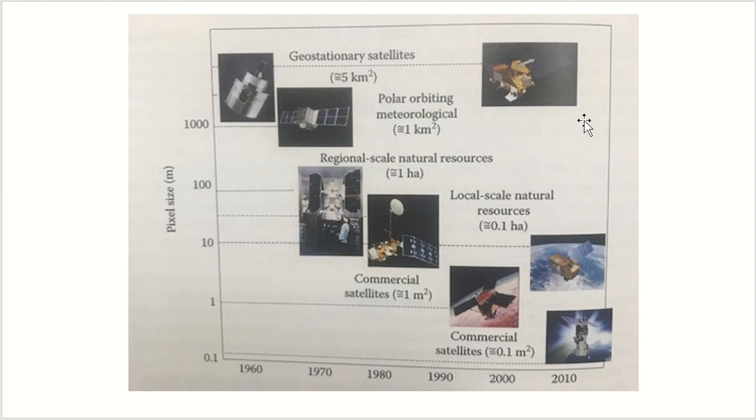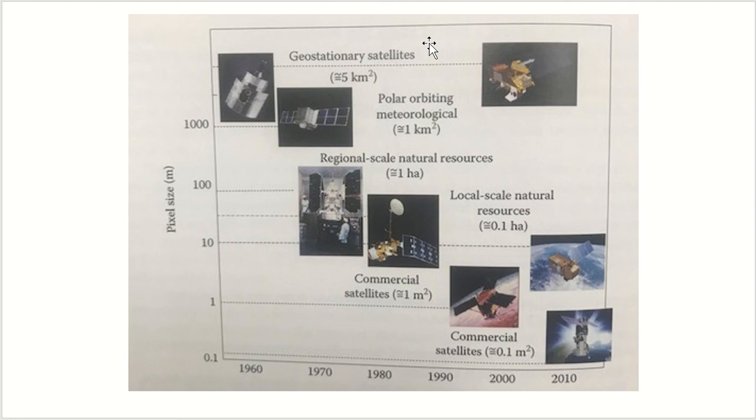But for things like geostationary data, there's still a use for those kinds of data. Geostationary satellites have an orbit that positions them over the same location on Earth at all times.